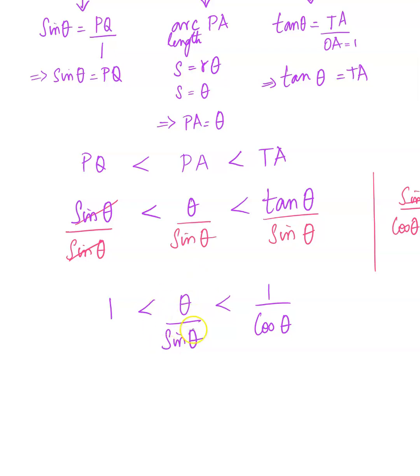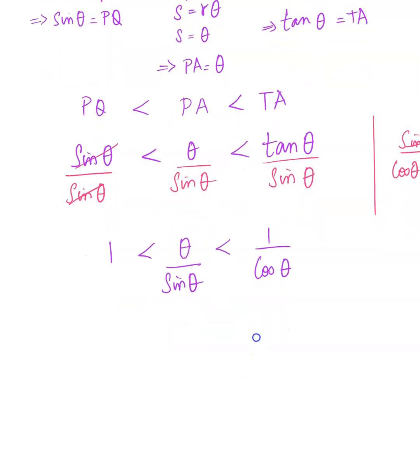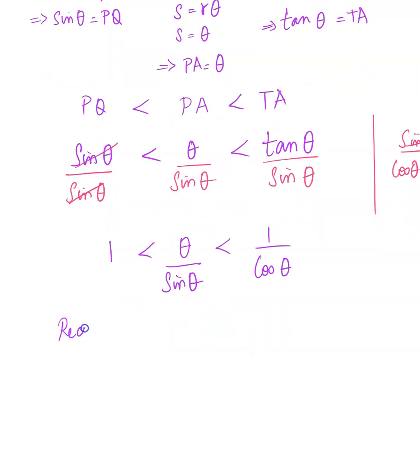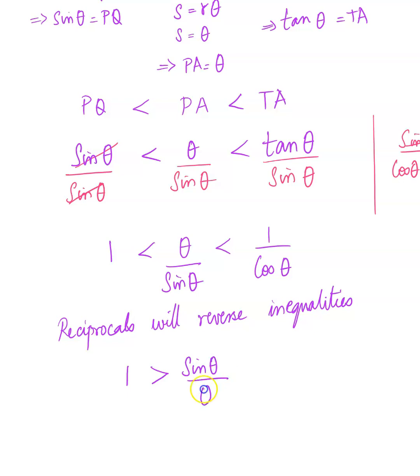We want it the other way around. We want sine theta over theta. So if you want to flip, if you take the reciprocals, that will reverse the inequalities. Reciprocals will reverse inequalities. So 1 over 1 is 1 itself. Reverse the inequality, you get sine theta over theta.